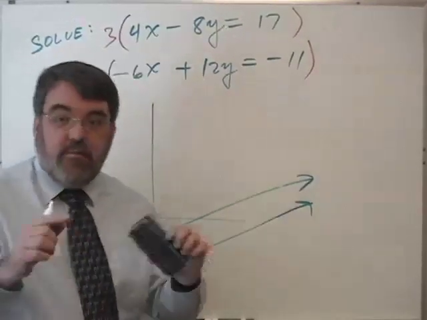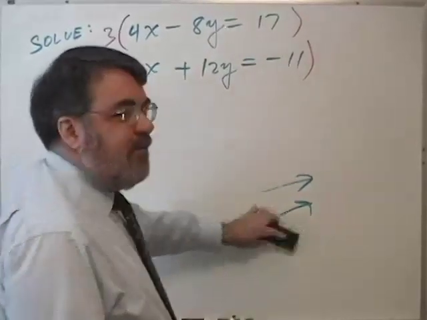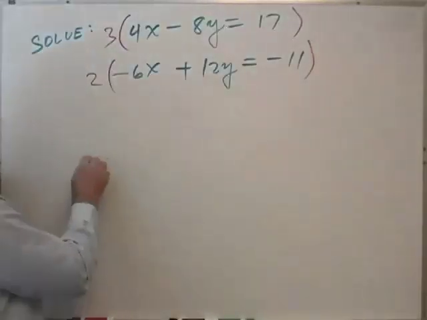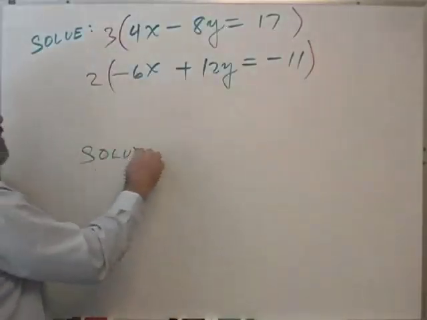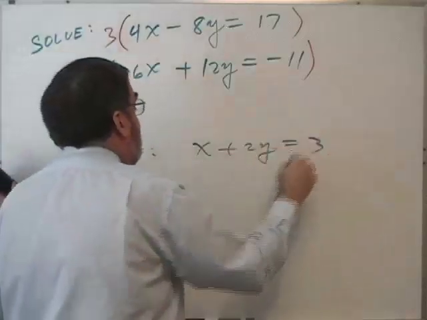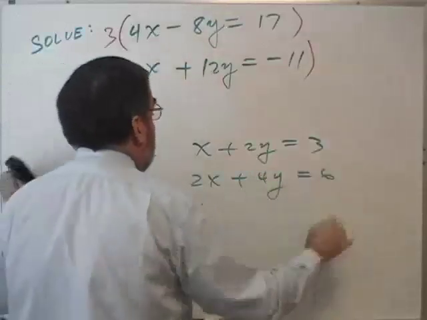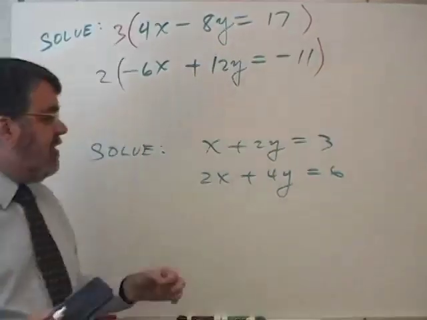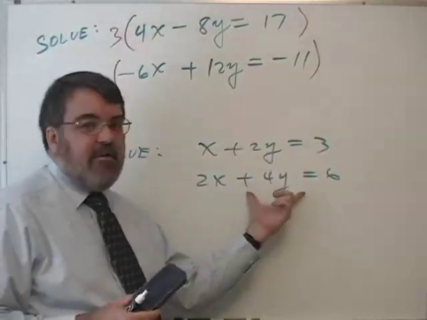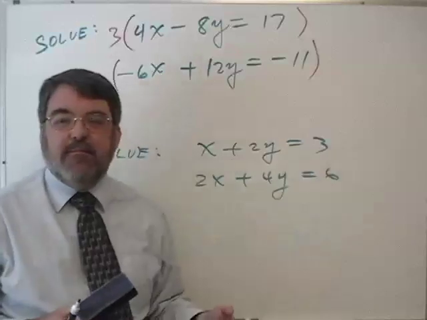All right, there's one other situation, and let me just quickly give it to you. Suppose your lines were the same. So here's a new problem. Solve x plus 2y equals 3 and 2x plus 4y equals 6. In this case, you can see, I think rather easily, that the second equation is precisely 2 times the entire first equation.